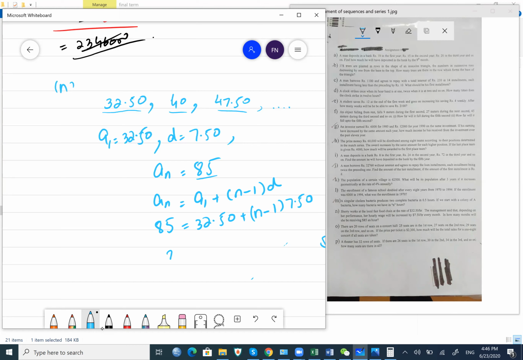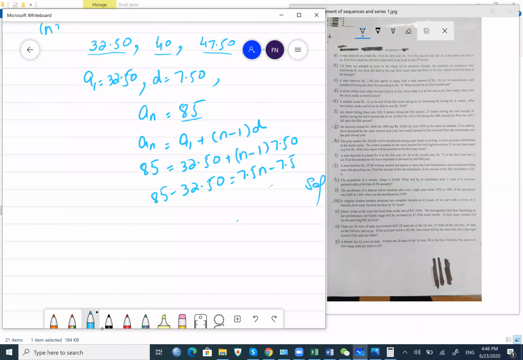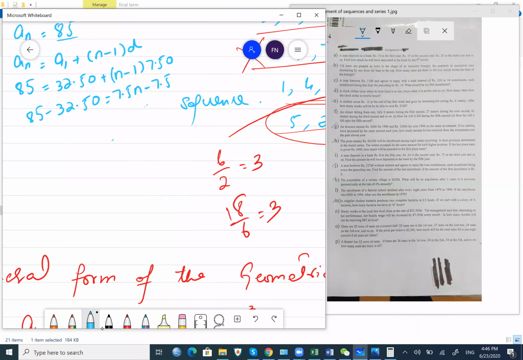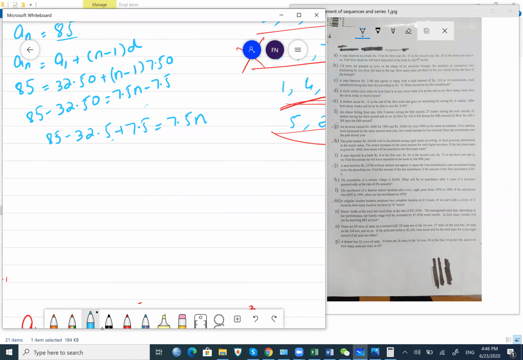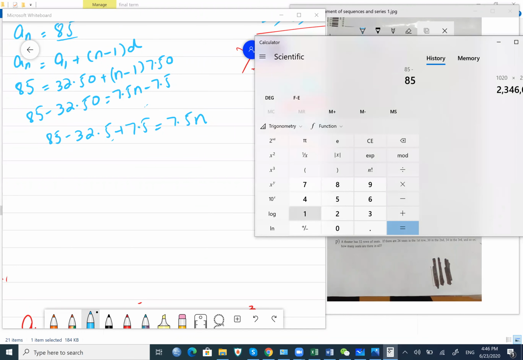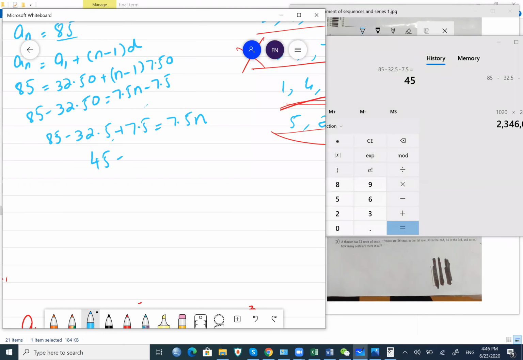So 85 minus 32.5 plus 7.5, 7.5 N. So it would be 85 minus 32.5 minus 7.5, that is 45, equals 7.5 N.